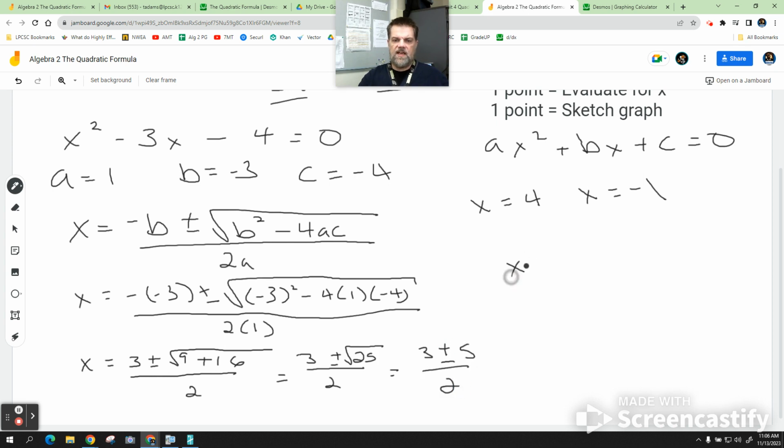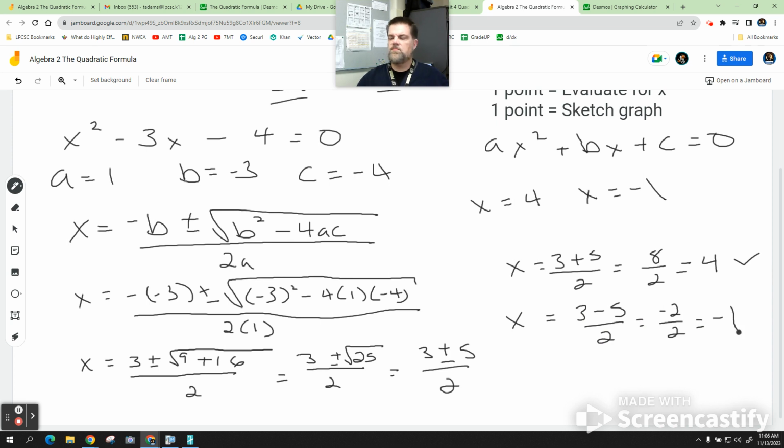So then we get X equals 3 plus 5 over 2, which is 8 over 2, which is 4. Hey, that worked. And then X equals 3 minus 5 all over 2, which is -2 over 2, which is -1. See how that worked? So that's another way you could double check it.